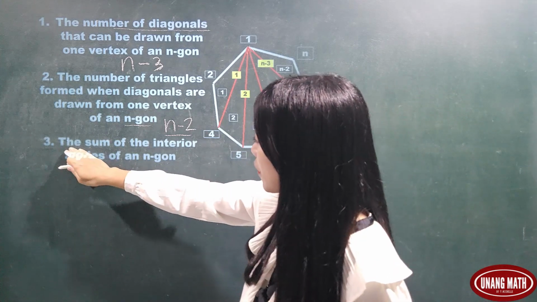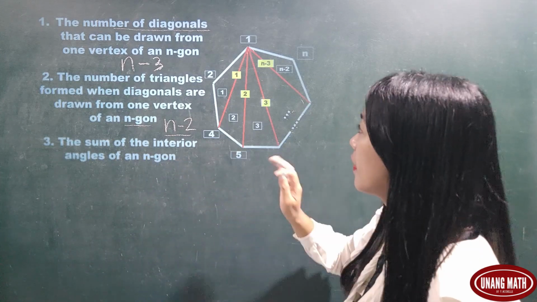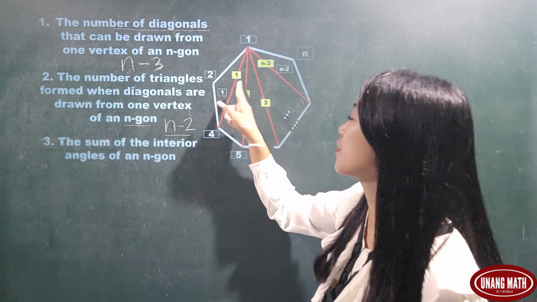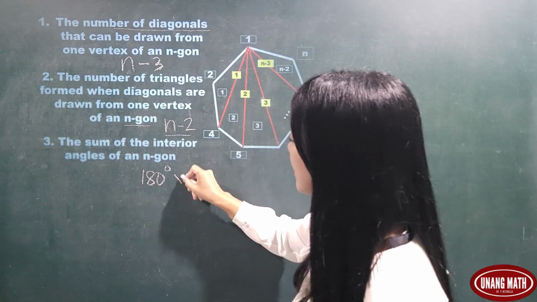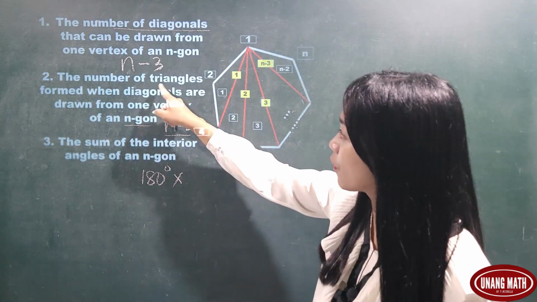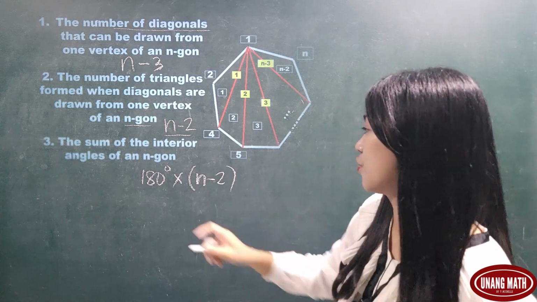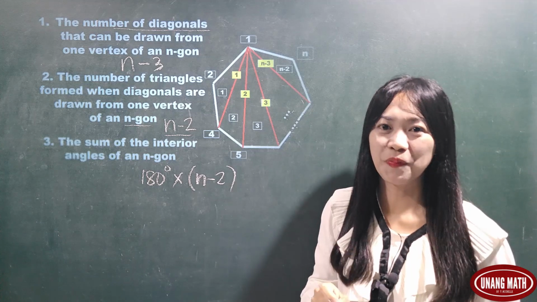And then, for the sum of the interior angles of an n-gon, since the sum of the interior angles of a triangle is 180 degrees, it's 180 degrees times the number of triangles. So this is times n minus 2. So 180 times n minus 2.